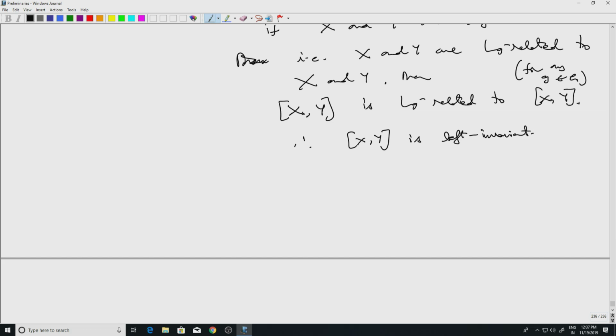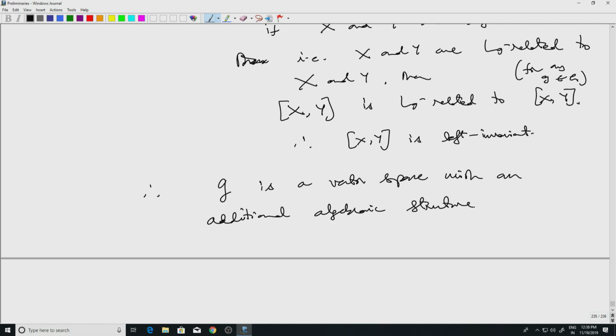But this proposition shows that it's a finite dimensional vector space with an additional algebraic structure on it, namely the Lie bracket.